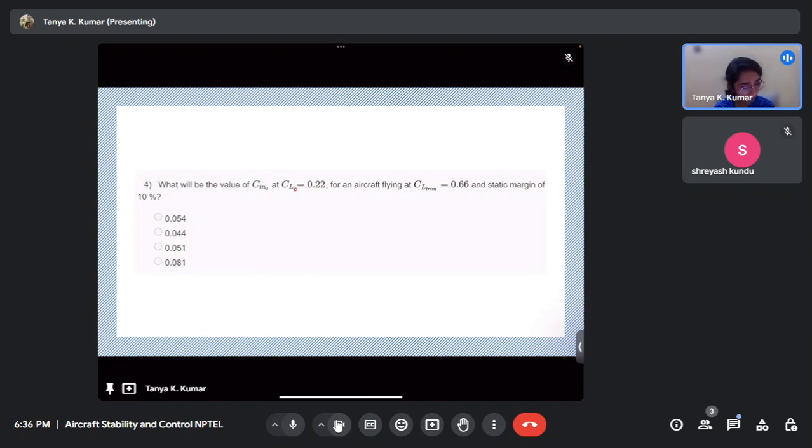Let's write down: CL trim is given to you, CL naught is given to you, static margin. So that means static margin is minus dCm by dCl, which is given as 10%. Correct? Just try doing it.